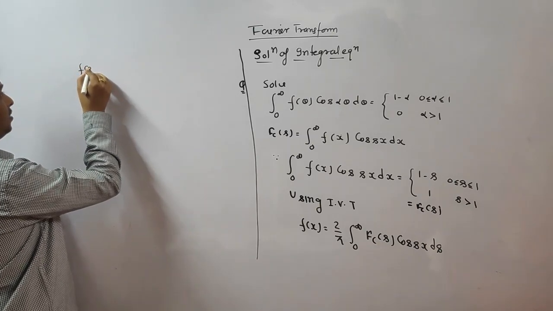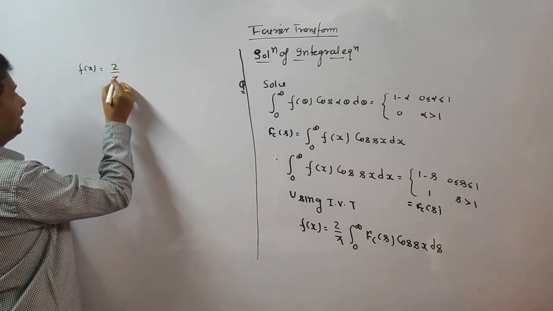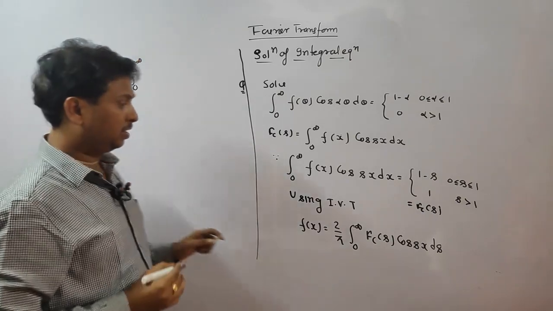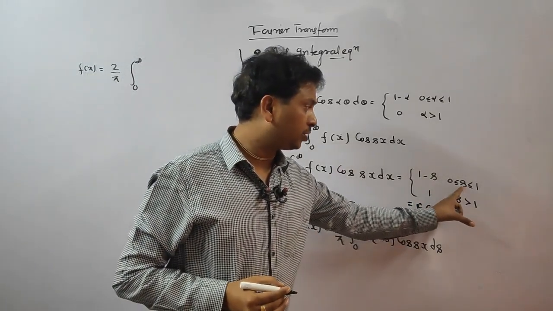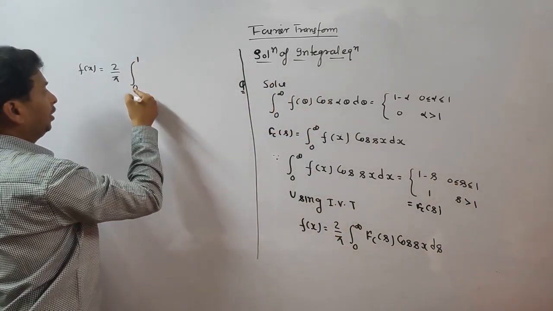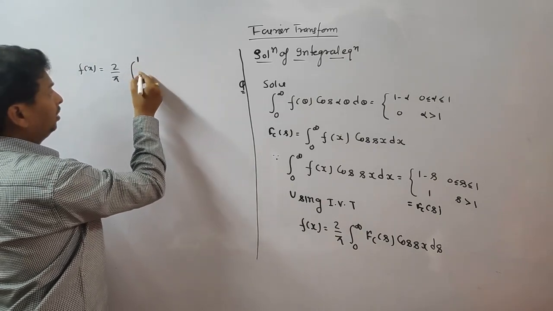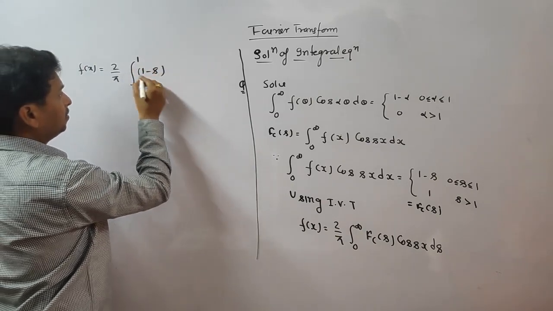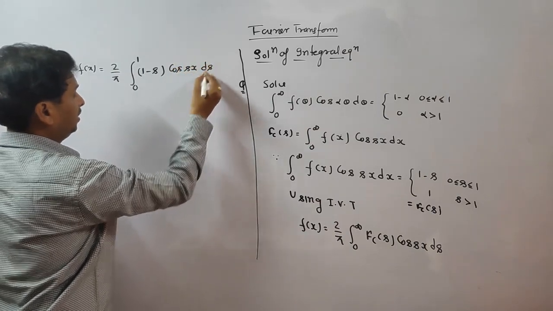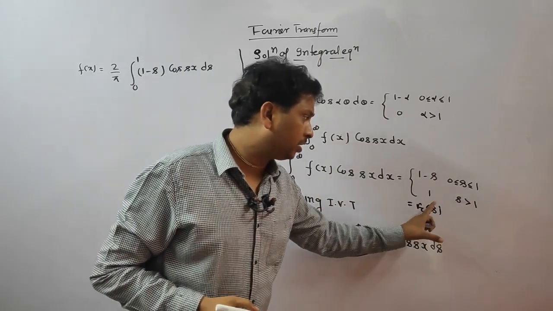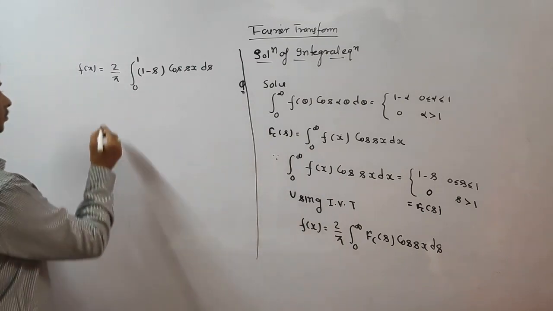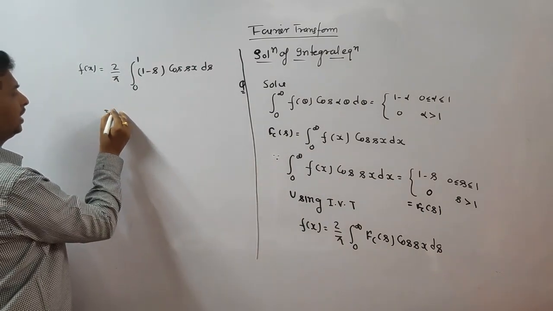So f(x) is 2 upon pi integral 0 to infinity of Fc(s), which is defined only for 0 to 1. So the limit we have to change because it is valid only for 0 to 1. The value is (1 minus s) cos(sx) ds. For all remaining values, the value is 0. So just calculate this integral and you will get the answer.